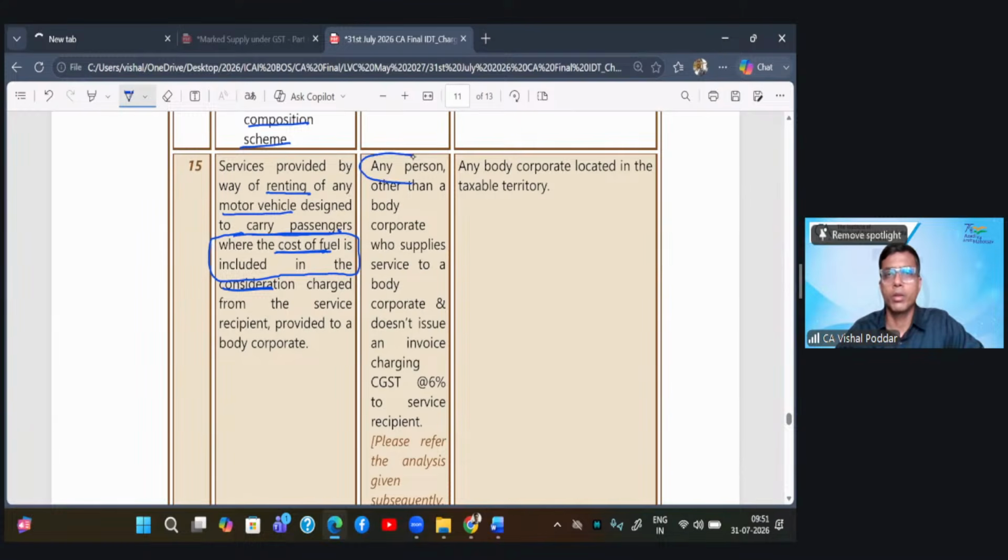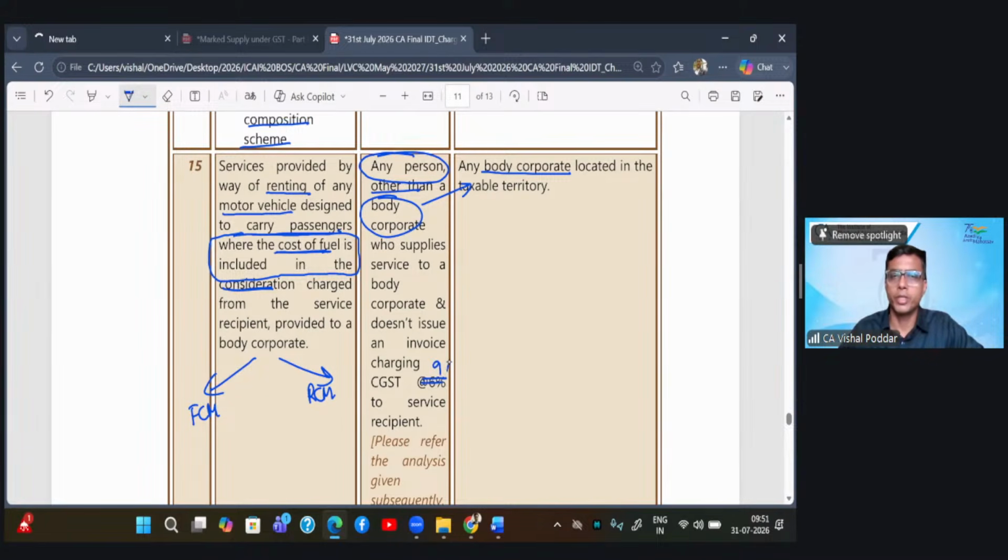So this is covered under RCM, but when? Where the provider of service is any person other than a body corporate and who is supplying the services to a body corporate. Now again here, same as GTA, the service has two components. When all these conditions are satisfied, there is FCM and there is RCM, same as GTA service.